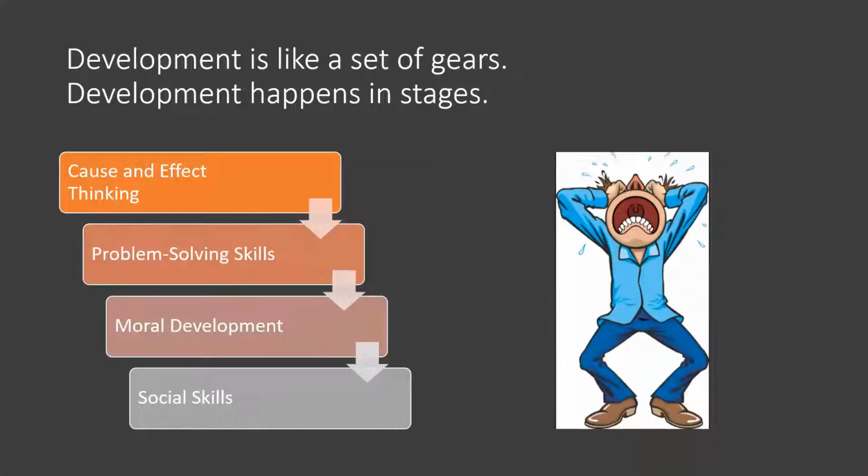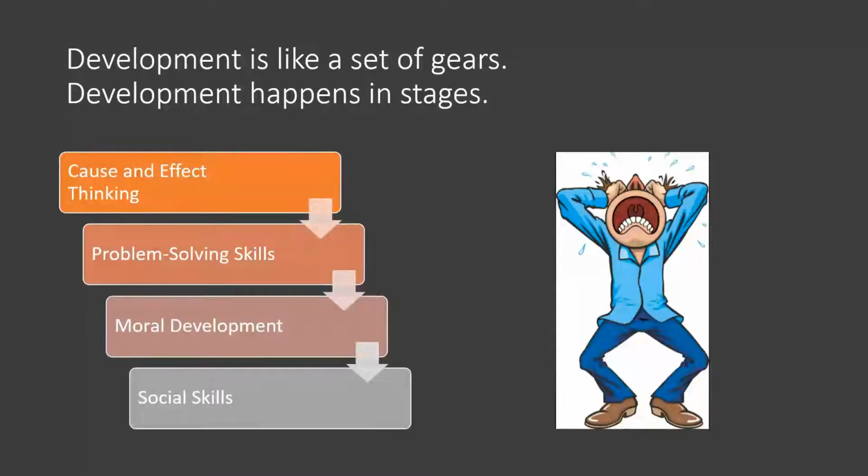And you see this sequence repeating itself over and over and over. And by the time you're 18 months old, you've got some rudimentary cause and effect thinking, out of which comes your problem solving skills.